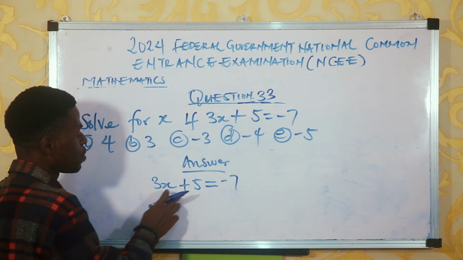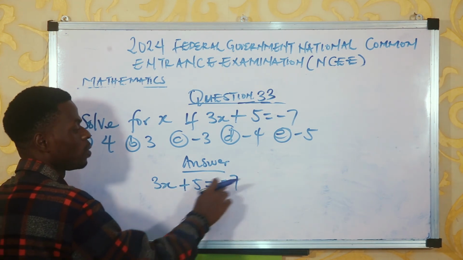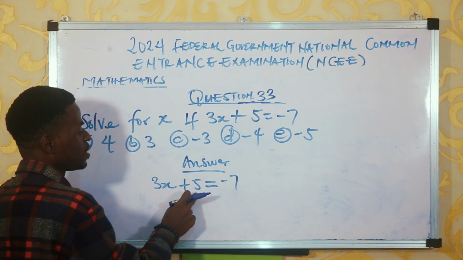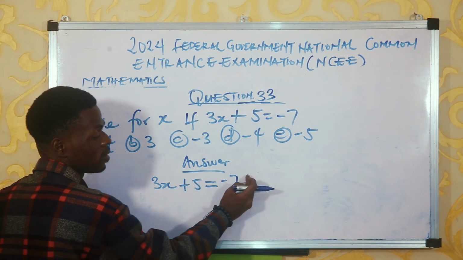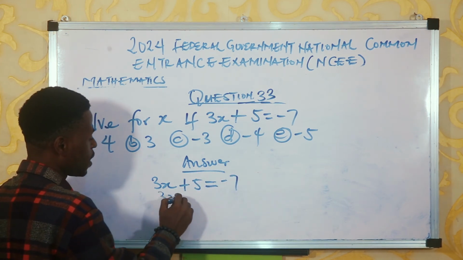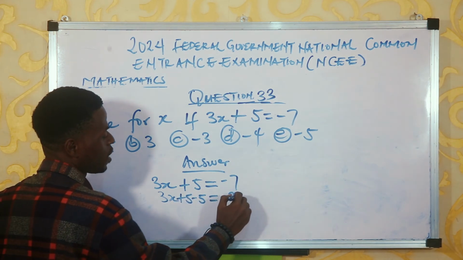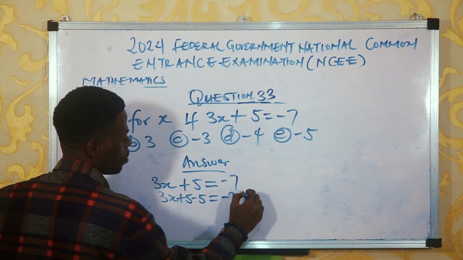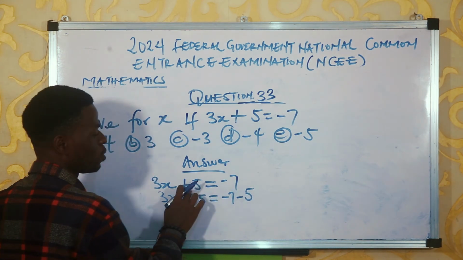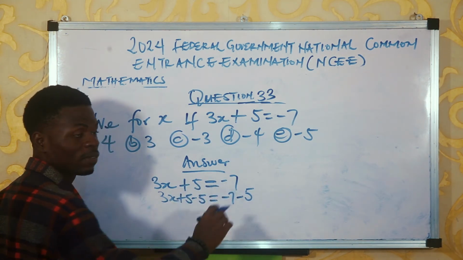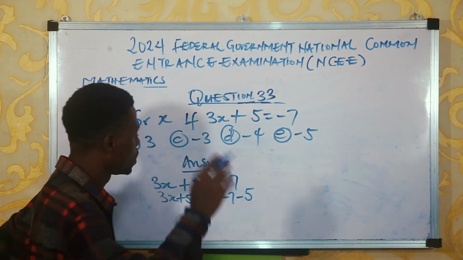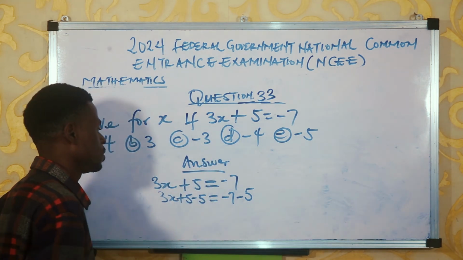So definitely we are going to subtract this plus 5 on both sides. So we are going to subtract it here and on this side here. So look at it. We have 3x plus 5 minus 5 equal to minus 7 minus 5, because this plus 5 is crossing this equal sign, so definitely the sign will change to minus.